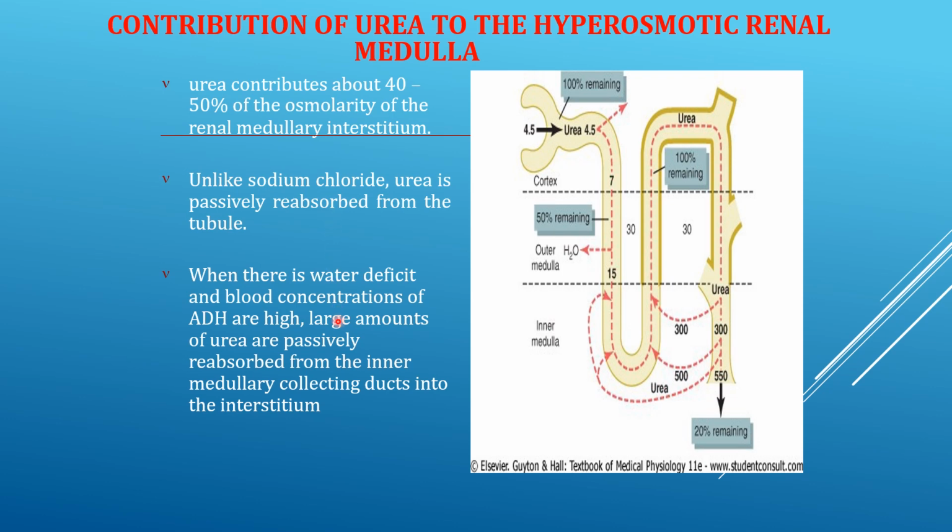When there is water deficit and blood concentrations of ADH are high, large amounts of urea are passively reabsorbed from the inner medullary collecting ducts into the interstitium. Okay, so that's how the interstitium urea will be increased.